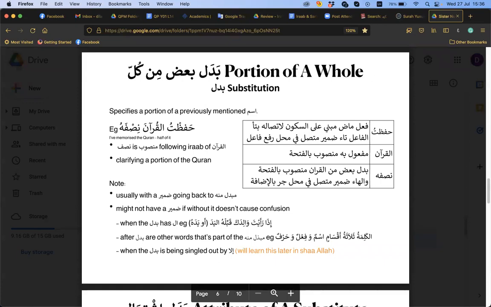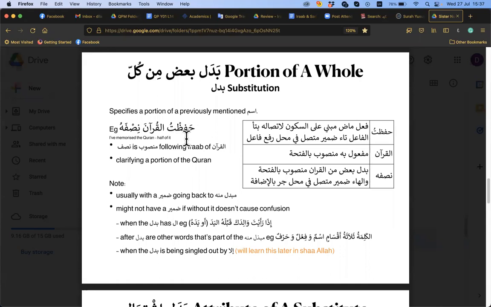This one is a portion. Here, we have what kind of word? This is badal ba'd, a portion of the whole.